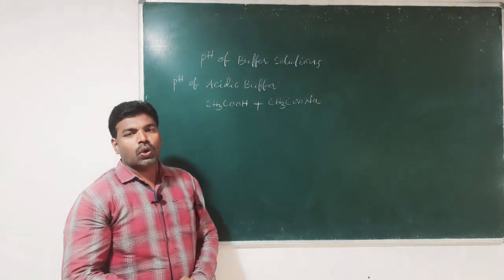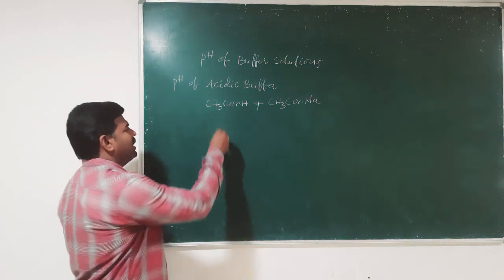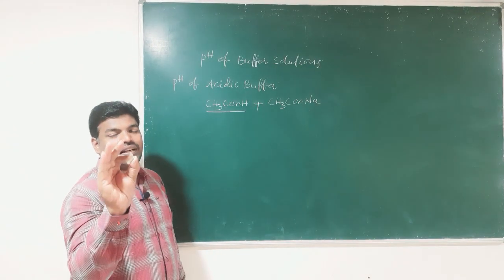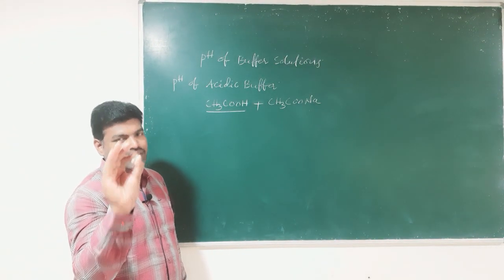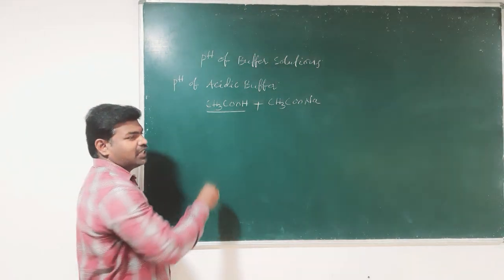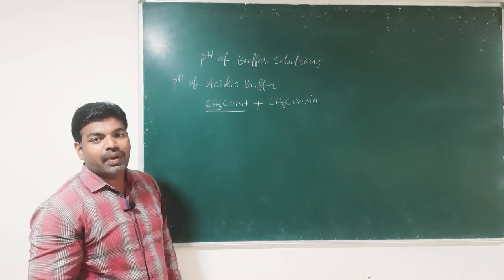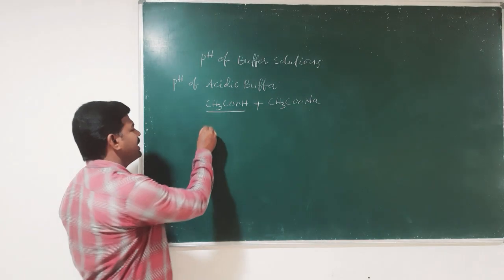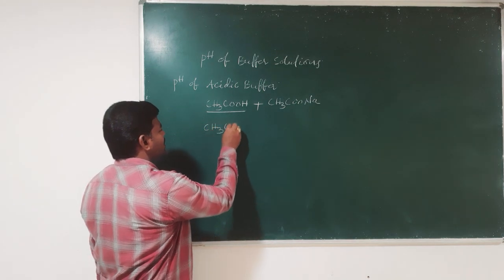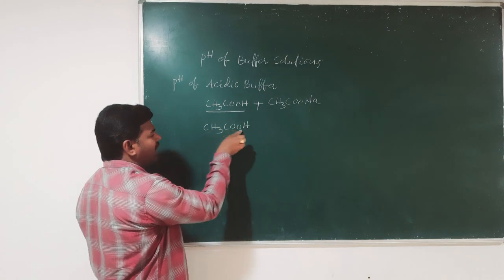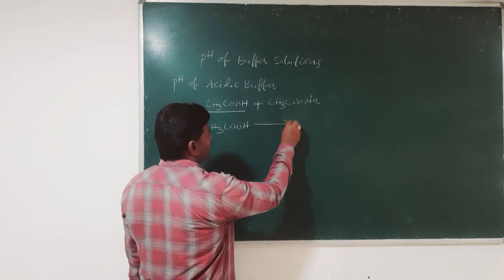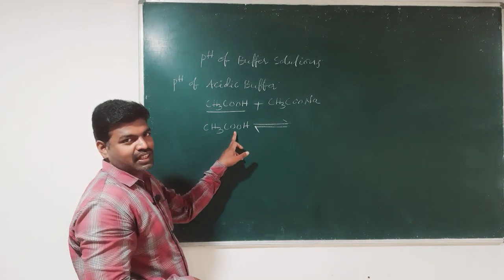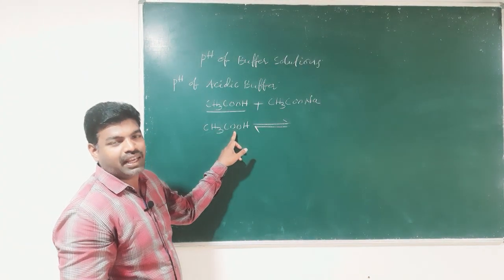These two undergo ionization, but acetic acid is a weak acid. It undergoes feeble ionization, that means incomplete ionization. That can be represented as CH3COOH, partial ionization, because acetic acid is a weak acid, it does not undergo complete ionization.